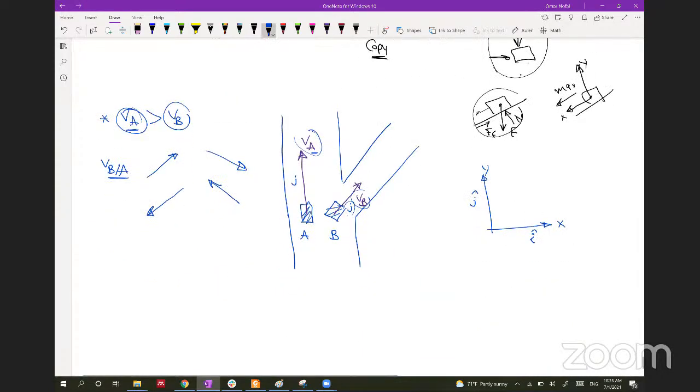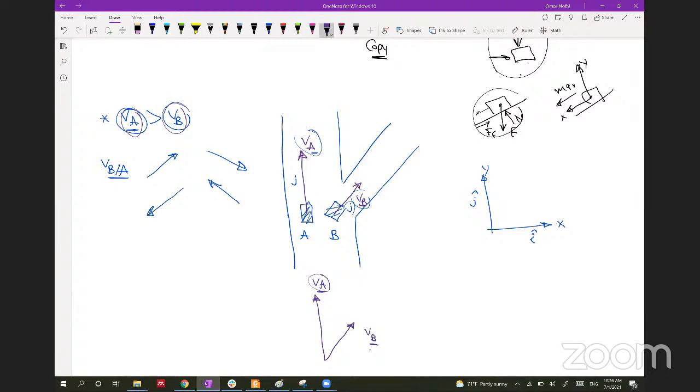So if you put, for example, VA here, you will have, for example, VB like this. The vector of VA is bigger than the vector of VB, because I told you that VA is more than VB.